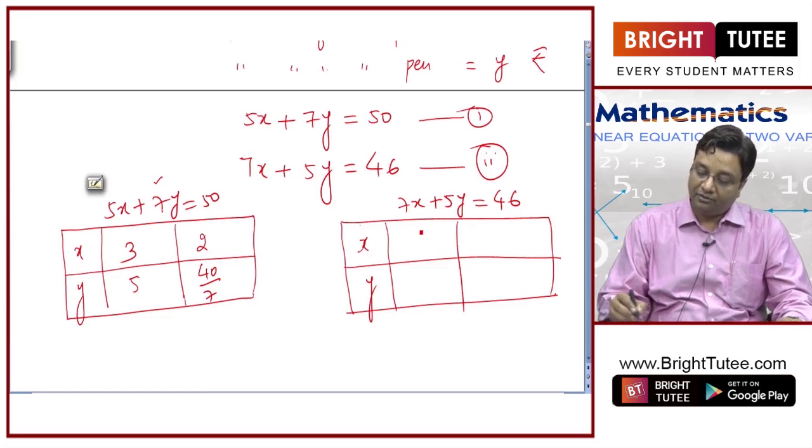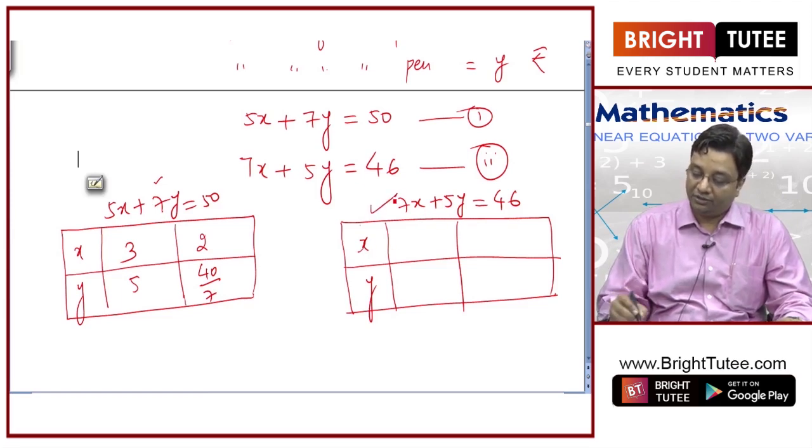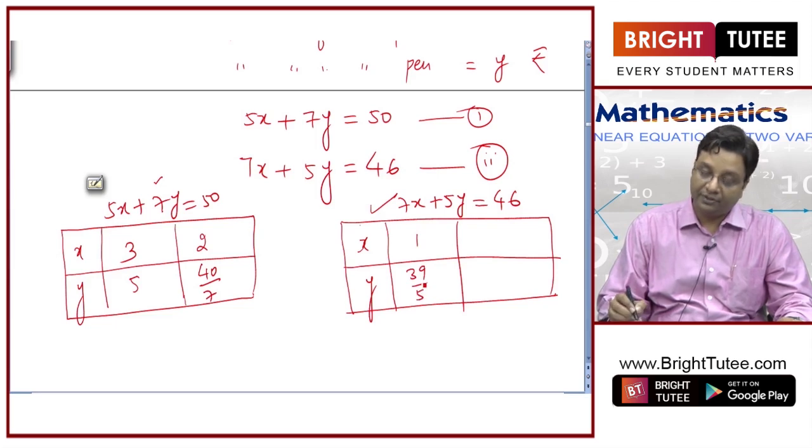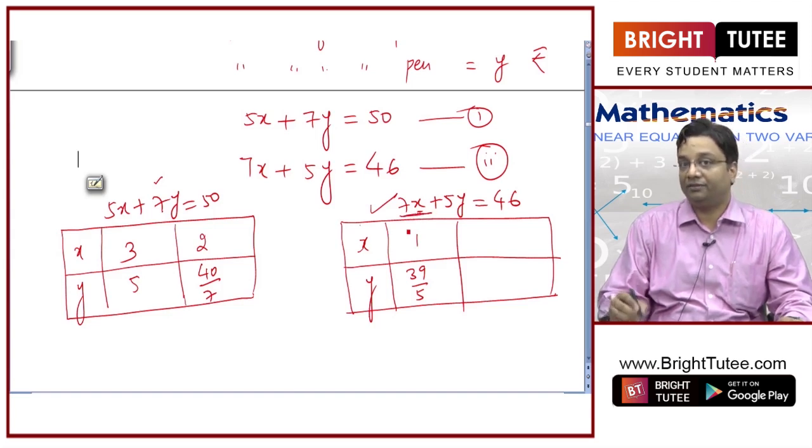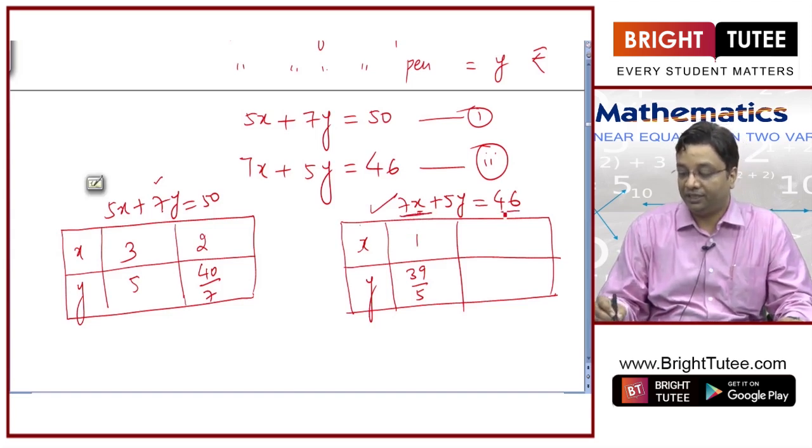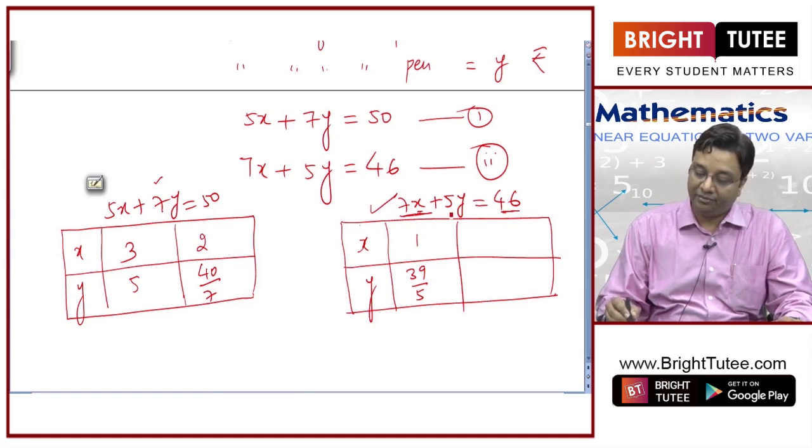For x equal to 1, what will be the value of y? It will be equal to 39 by 5. What you need to do is put x equal to 1 here and it will become 7. You need to take 7 on the right hand side, so it will become 39, and 39 divided by this 5 will give me my y.